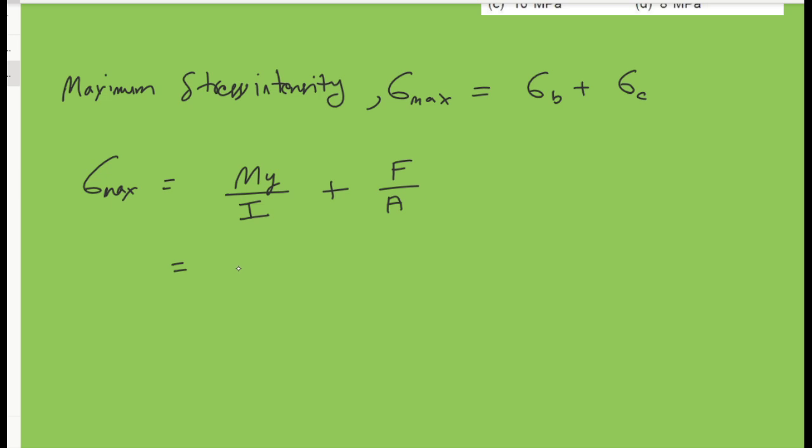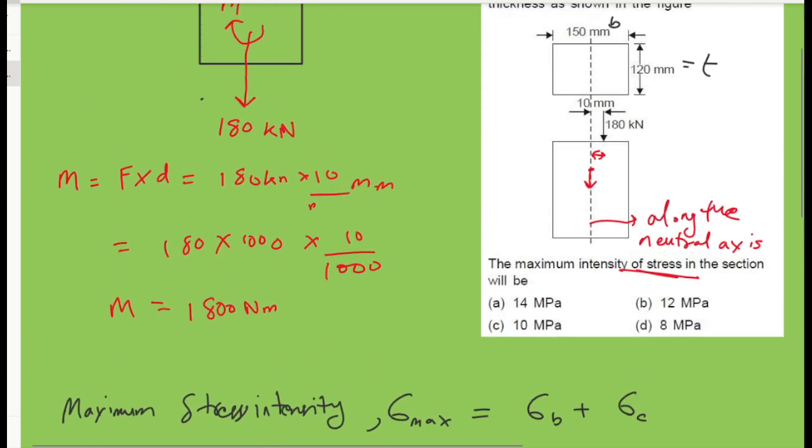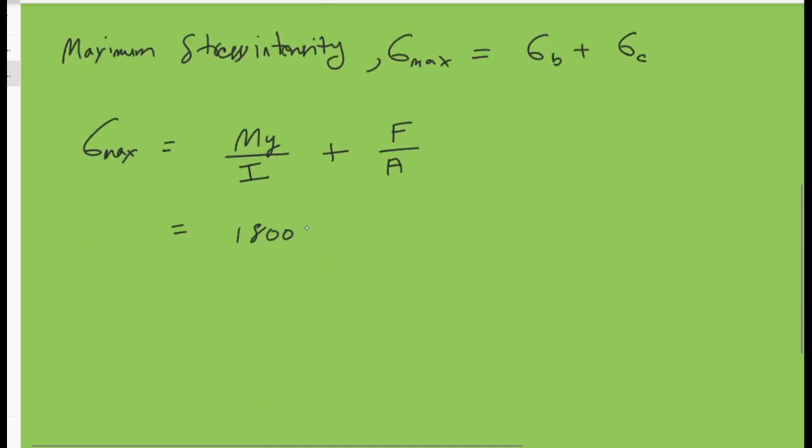The moment we found out earlier is 1800 Newton meter, and we need to find y. At an eccentricity, sigma is equal to My by I. So y will be 75 mm, and I will be bh cube by 12.